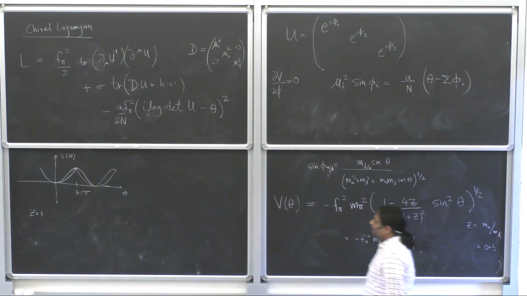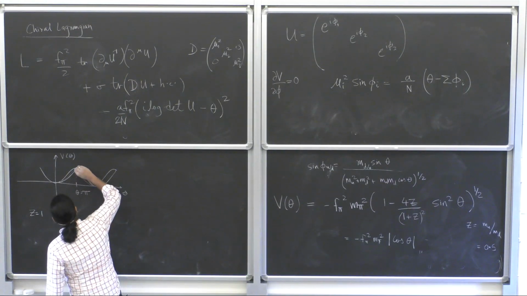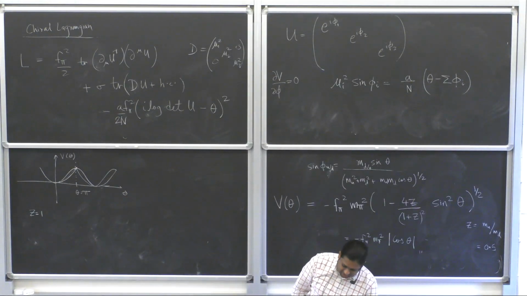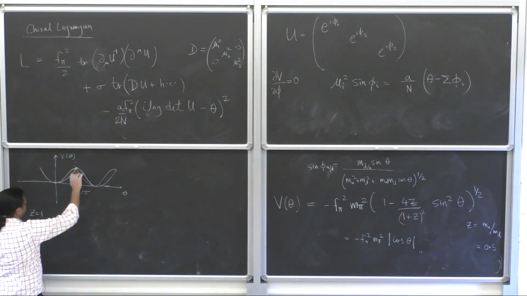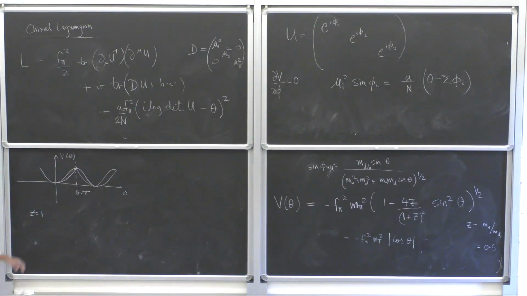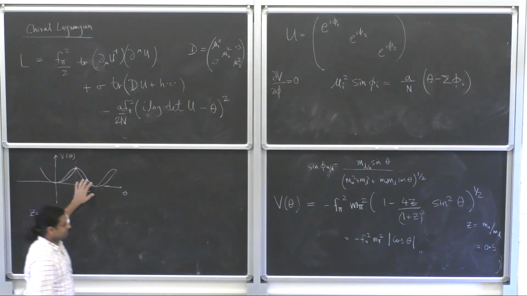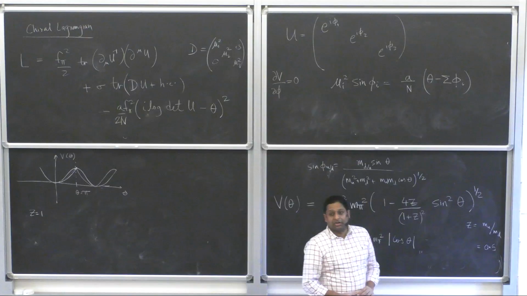So if you remember back, maybe in the first lecture, we were talking about the particle in a circle. We were pointing out that the vacuum energy has this interesting structure where there are different branches of the vacuum that come and meet at pi, and that at theta equals pi there was a cuspy structure. That is reproduced here at this value of z equals 1 in the QCD Lagrangian.